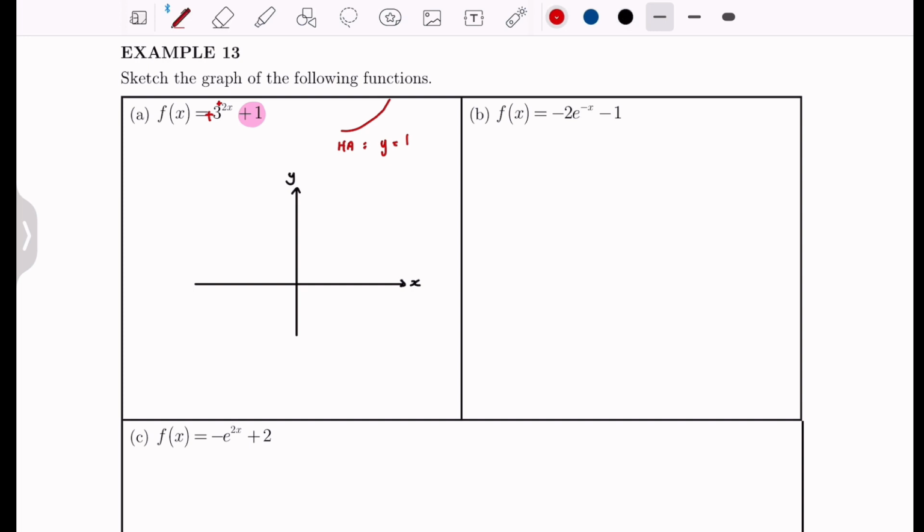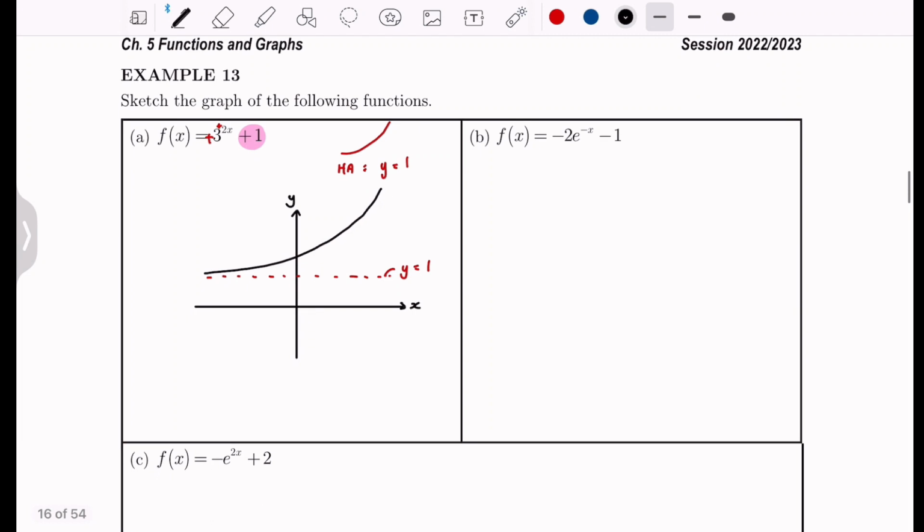Draw the horizontal asymptote, a dotted line for the horizontal asymptote. Then we sketch the graph. As x approaches negative infinity, our graph approaches the horizontal asymptote. And as x goes to positive infinity, our graph will keep on increasing up to infinity.